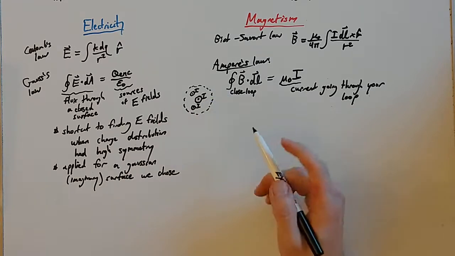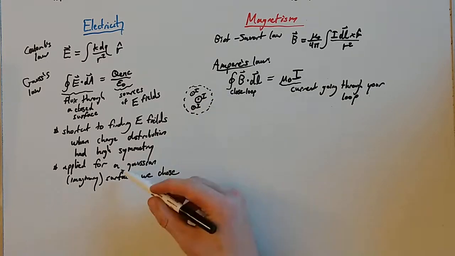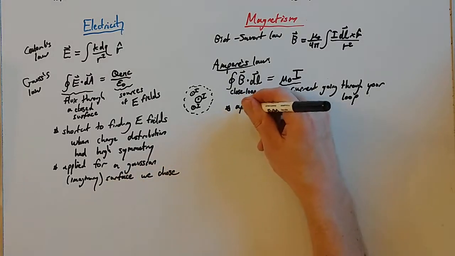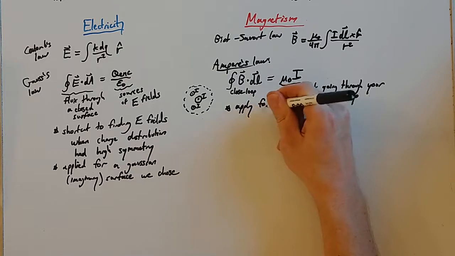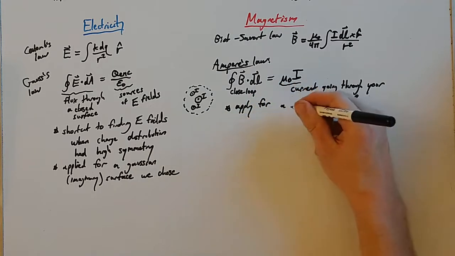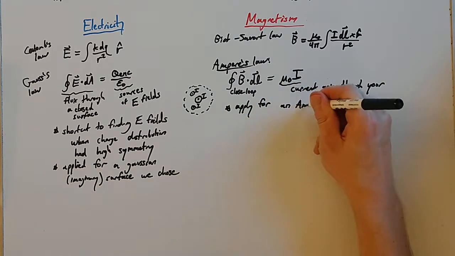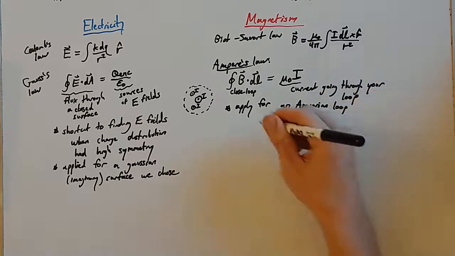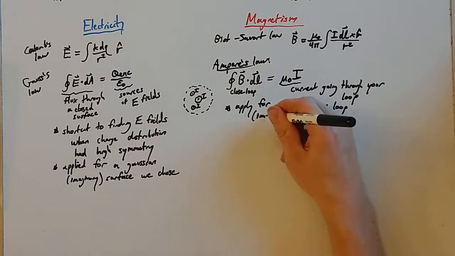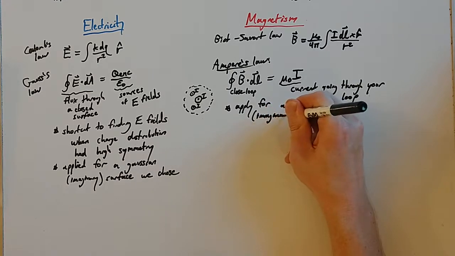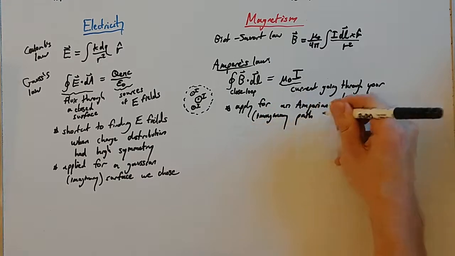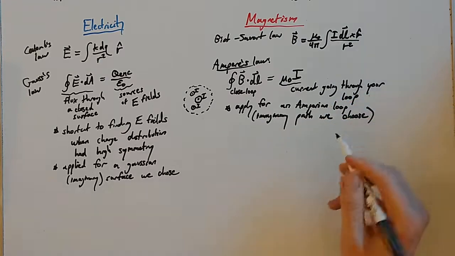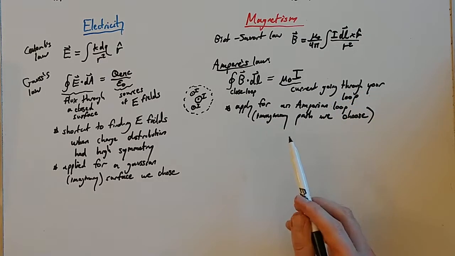So just like this applied for a Gaussian surface, this is going to apply for what we might call an Amperian loop, which is an imaginary path that we choose.